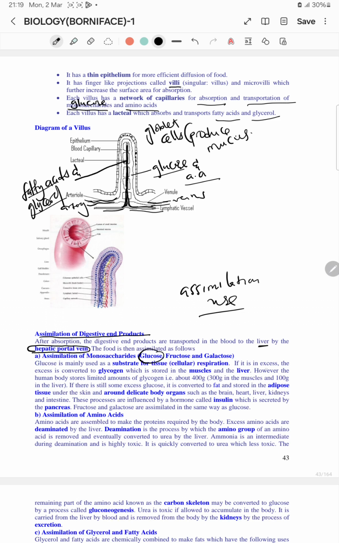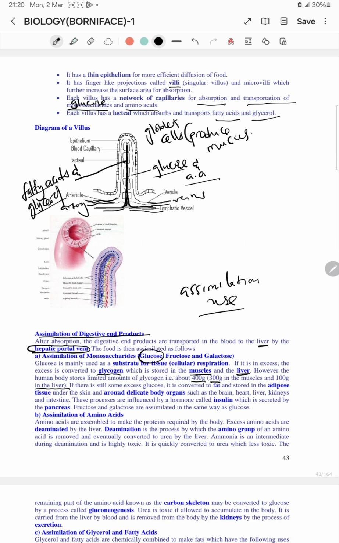So if it is in excess, the excess glucose is converted to glycogen, which is stored in the muscle and the liver. Okay, however, the human body stores limited amounts of glycogen, that is about 400 grams, 300 grams in the muscles and 100 grams in the liver.